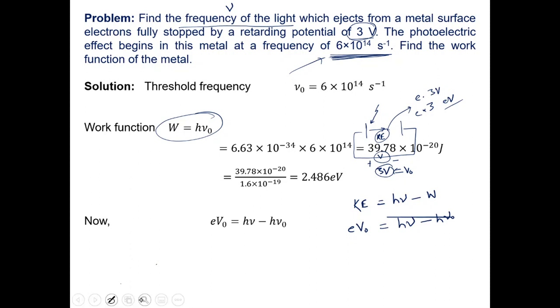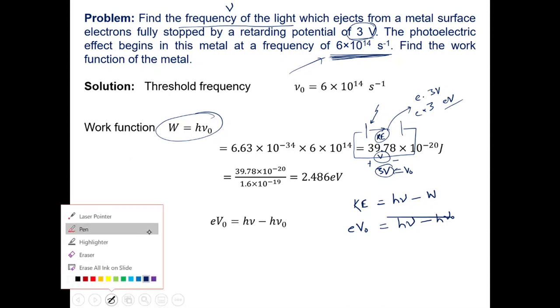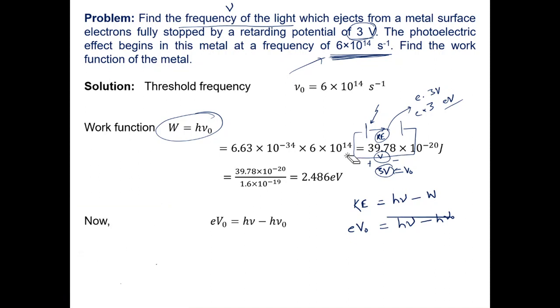So if you feed these values back, and if I rub this for simplicity, what you get, the work function of the metal is 2.486 electron volts. And now I would feed this value back here.